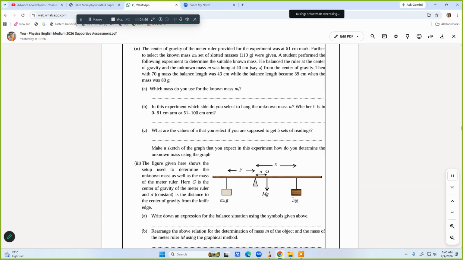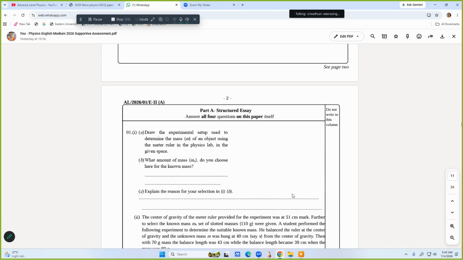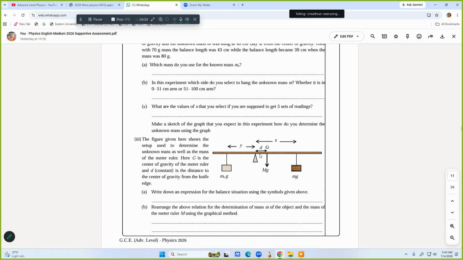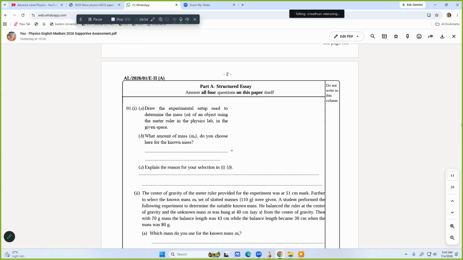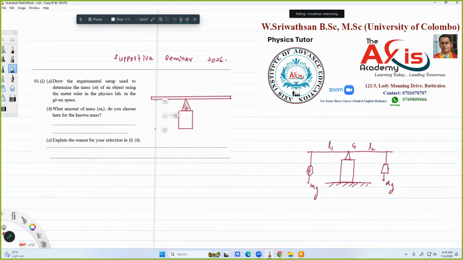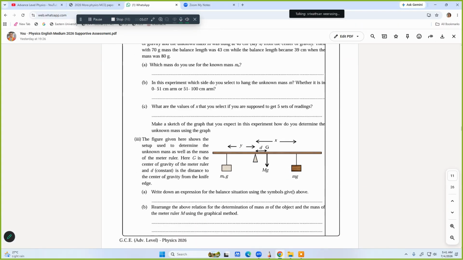According to this, small m is on the right side. The diagram is given, so from this we can pick the idea. According to the paper, small m is on the right side, but it is not a matter; we can hang it on the left side or right side.